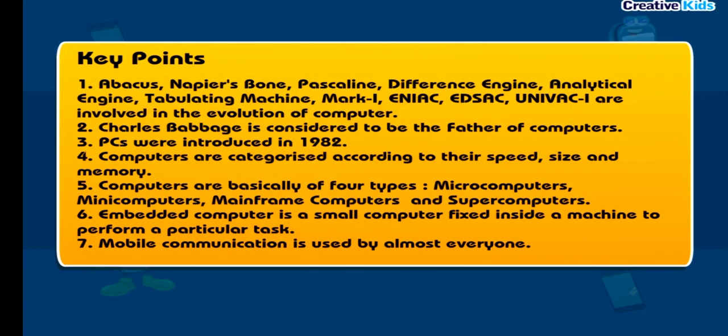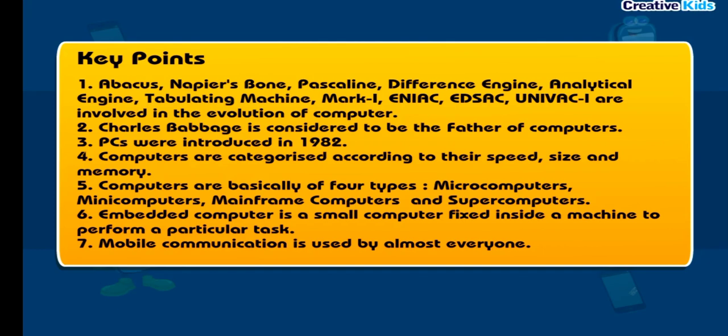Key points: Abacus, Napier's bones, Pascaline, difference engine, analytical engine, tabulating machine, Mark I, ENIAC, EDSAC, UNIVAC 1 are involved in the evolution of computers. Charles Babbage is considered to be the father of computers. PCs were introduced in 1982.